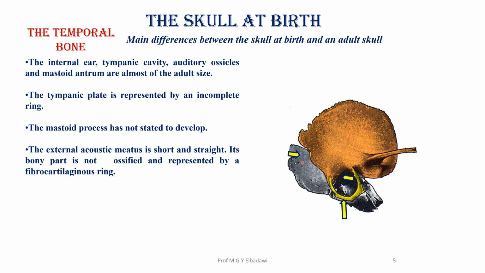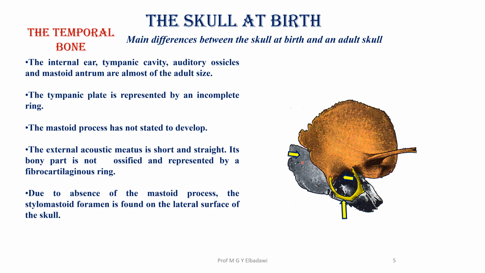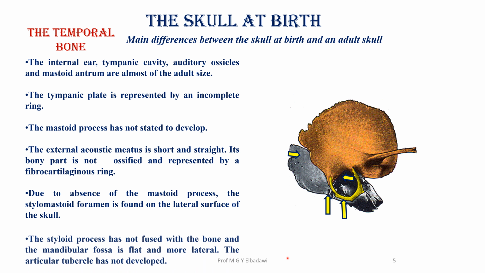The mastoid process, as we said, does not start to develop. The external acoustic meatus is short and straight. Its bony part is not ossified and is represented by a fibrocartilage ring. Due to the absence of the mastoid process, the stylomastoid foramen is found on the lateral surface of the skull, so the facial nerve is very prone to injury.